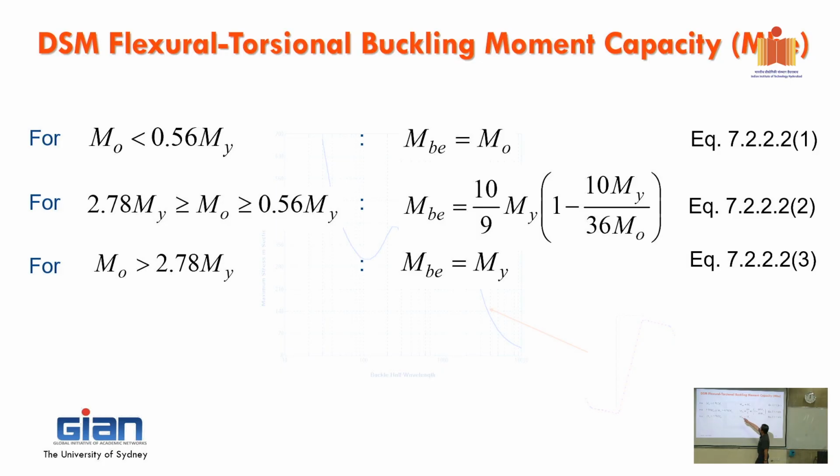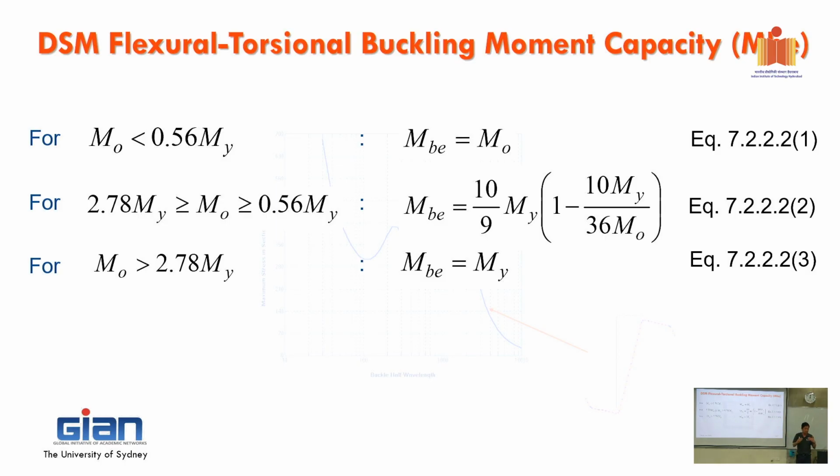And then the one in here, which means that when you got 7 meters and no lateral restraint, so M naught is very small, then it's probably close to the theoretical elastic buckling moment. So it means that in this one, it's very slender. So depending on the range, you have different capacity.